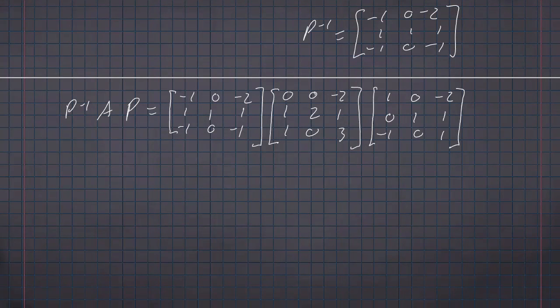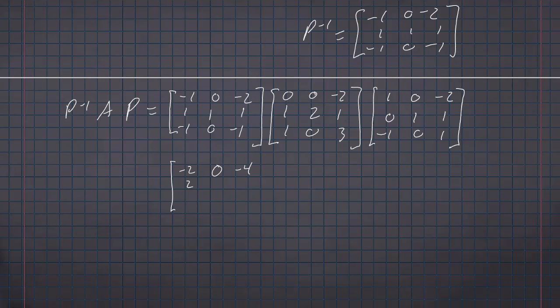And the fun thing is we'll get a diagonal matrix. If we work through this, first row dotted with first column, multiplying the first two matrices together, that'll be 0, 0, negative 2. First row, second column, that'll be 0, 0, 0. And we've got 2, 0, negative 6. All told, that's negative 4. Then on the second row, we've got 0, 1, 1.